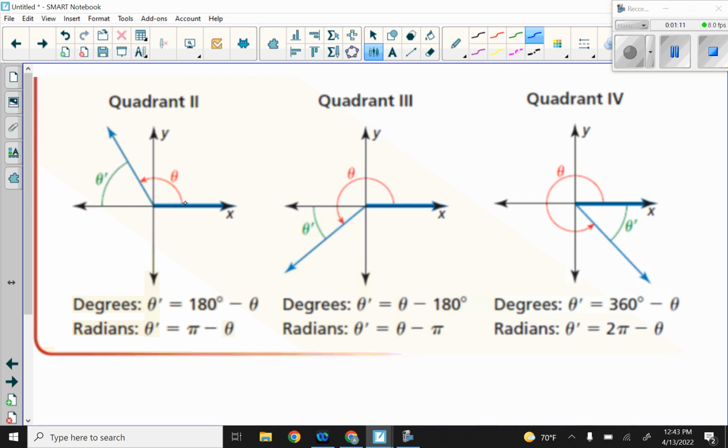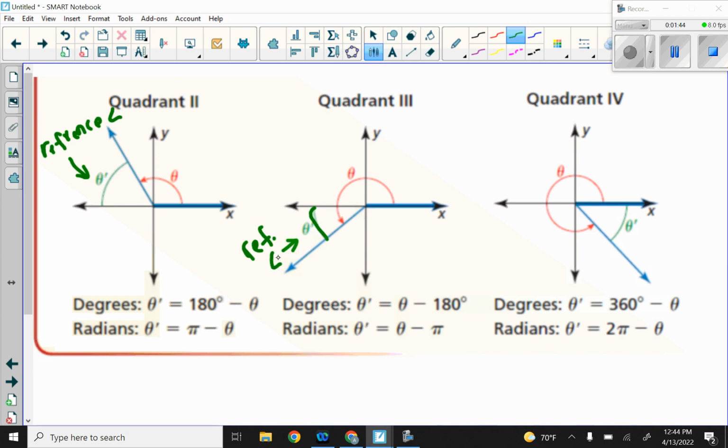So for quadrant 2, you take 180 or pi, subtract the angle that you were given, and that gives you your reference angle. In quadrant 3, you take the angle you started with and subtract 180 or pi to get your reference angle.